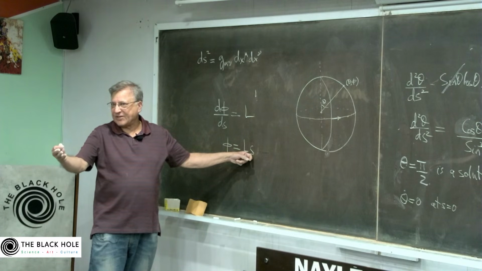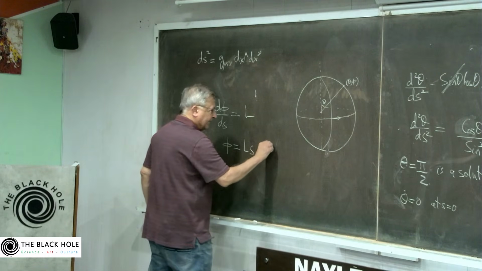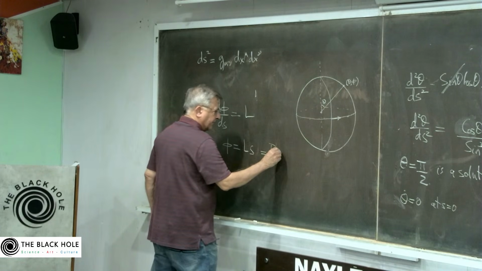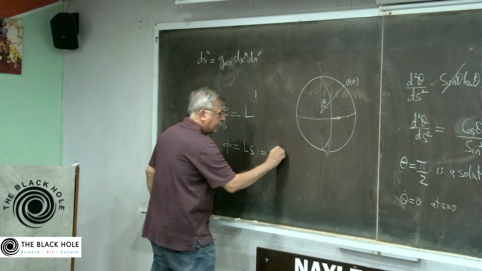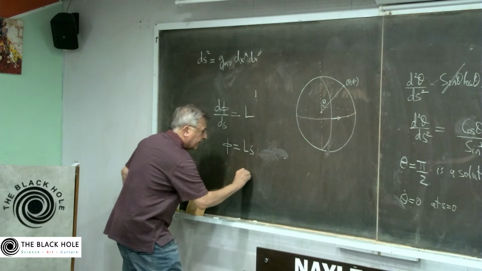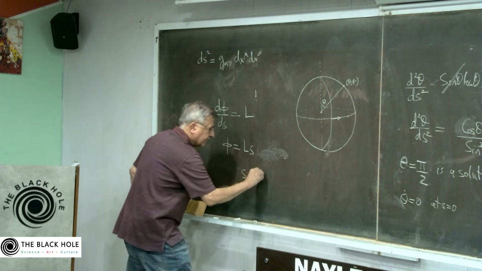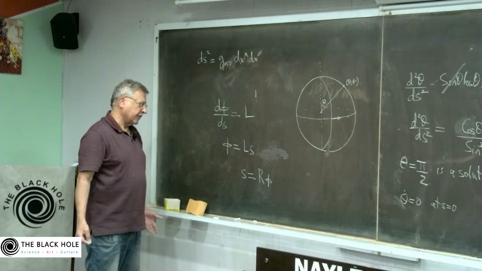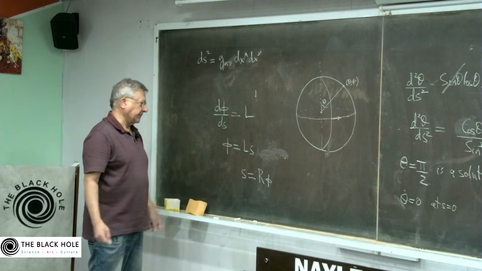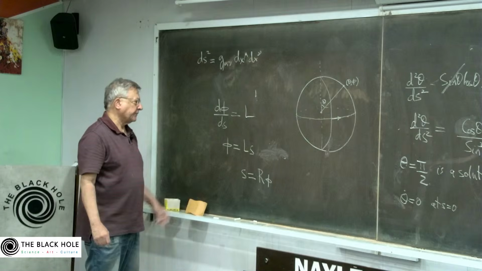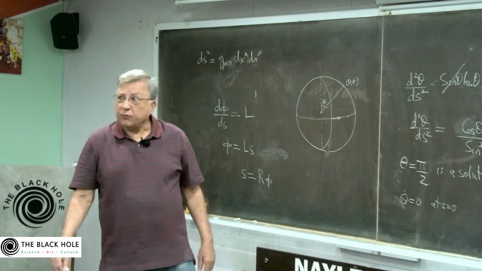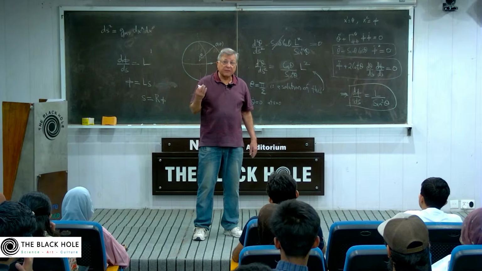Like in the case of S1 we had done, the arc length is r times phi, and so this L is 1 over R. So we have a solution to the geodesic equation.